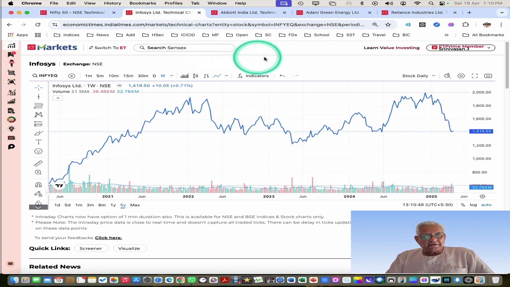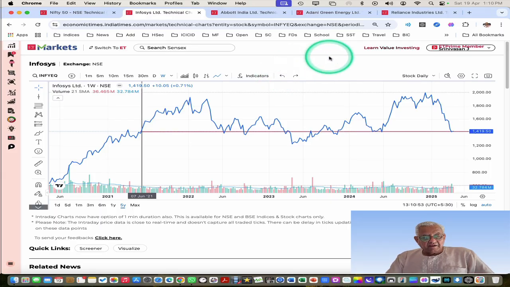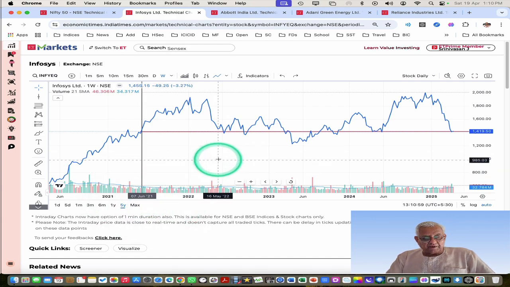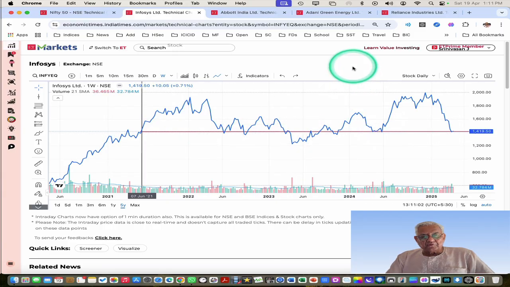Now let's contrast this with Infosys. Infosys has been basically stagnant since 7th of June 2021, which means if this stock is in your portfolio and you have been holding it for some time because you're building wealth, not trading, you will find that this has given you next to no returns, even if you count the bonus shares and all that any company may have issued in the interim period of 5 years.